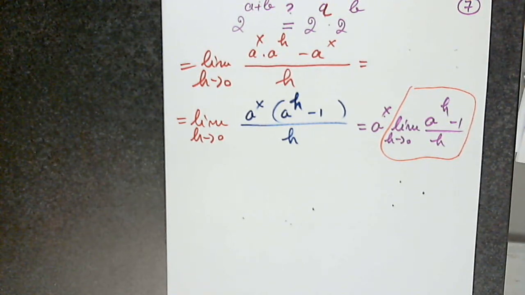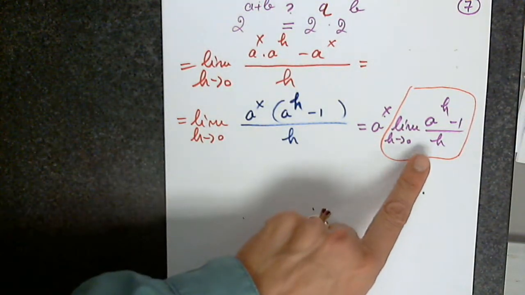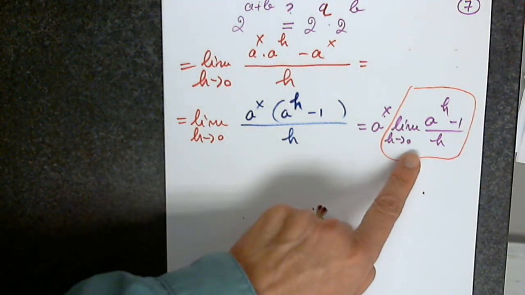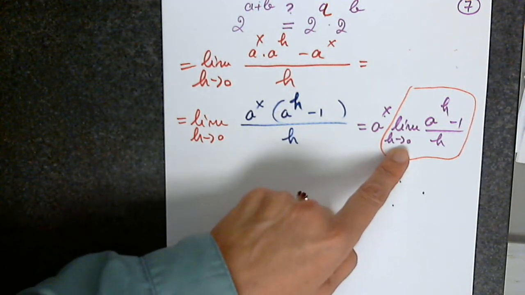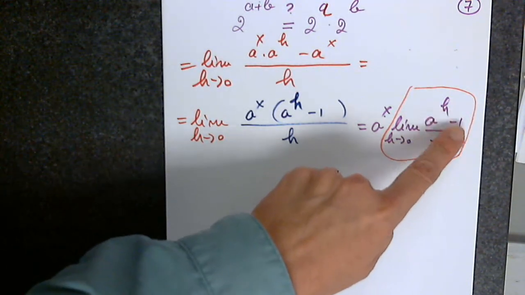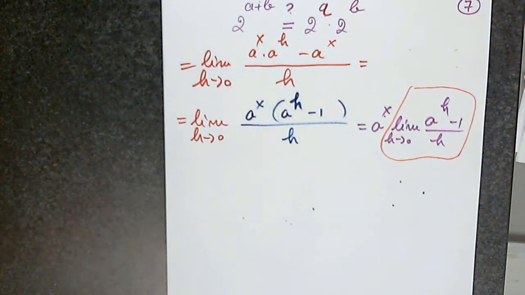So first of all, remember what we're trying to do. One more time. I'm trying to determine this limit. I want to see what Maple tells me about this limit. Limit as h approaches 0 from a raised to h minus 1 over h. I want to see what that gives.